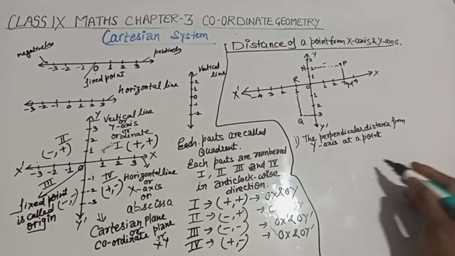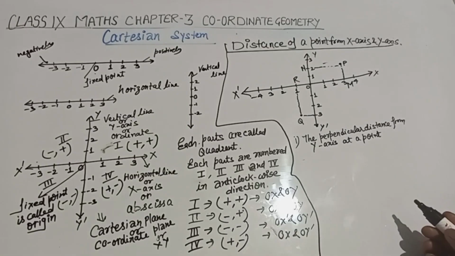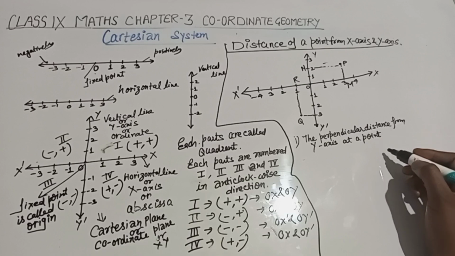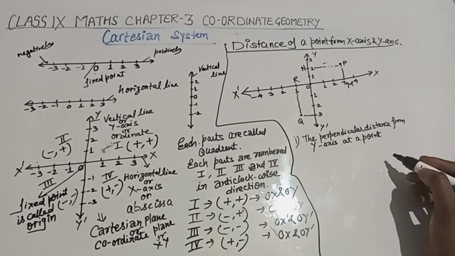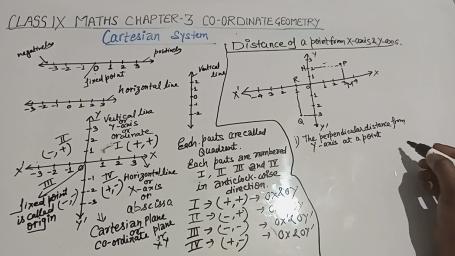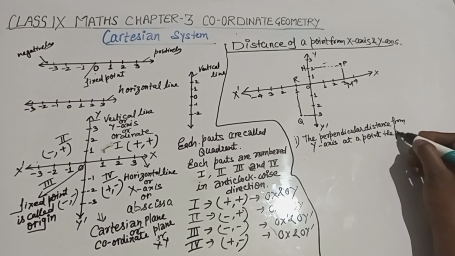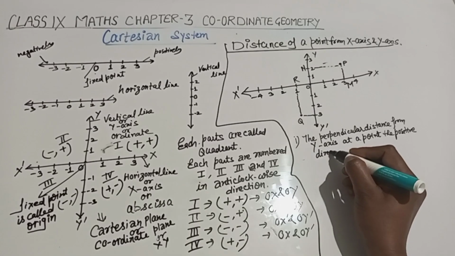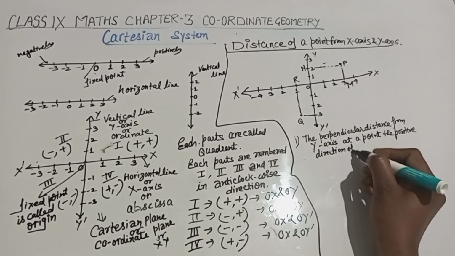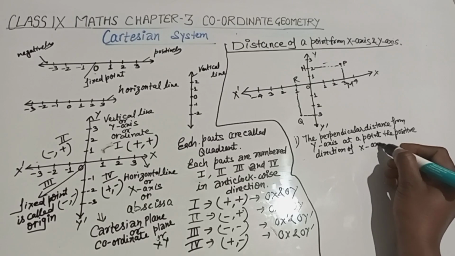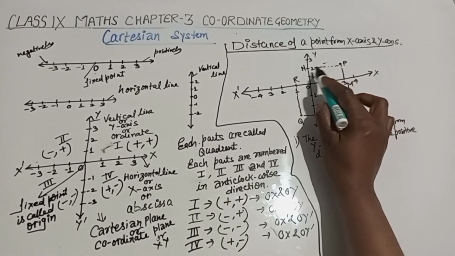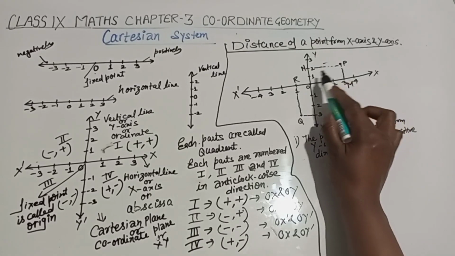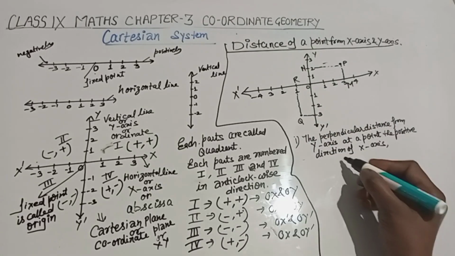So the distance of P from the y-axis is measured along the positive direction of the x-axis.